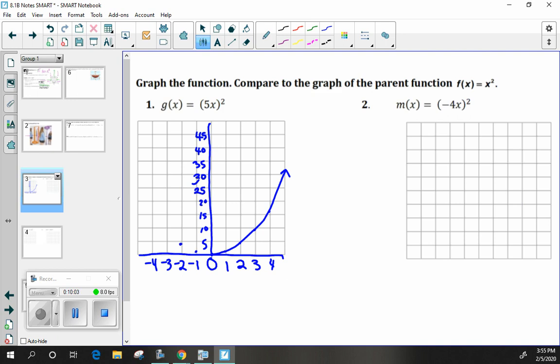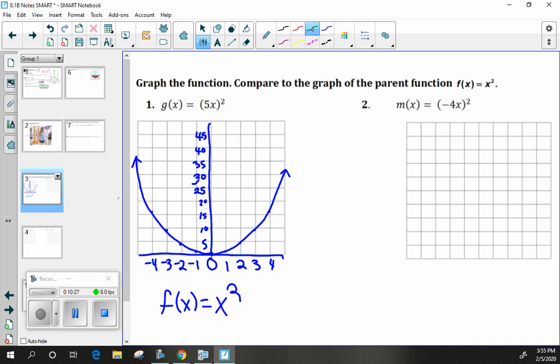Negative 2 times negative 2 is 4. Negative 3 times negative 3 is 9. And negative 4 times negative 4 is 16. So we're still opening upwards, because that is our parent graph. So our blue graph is f of x equals x squared.